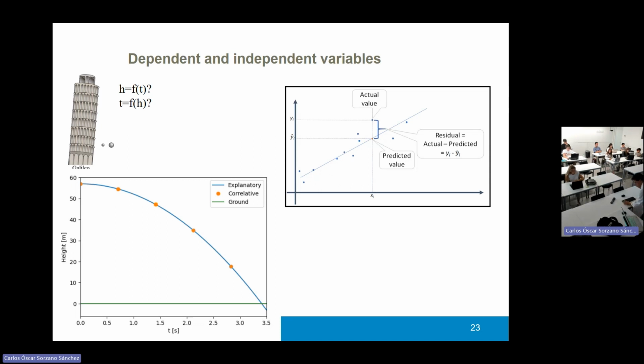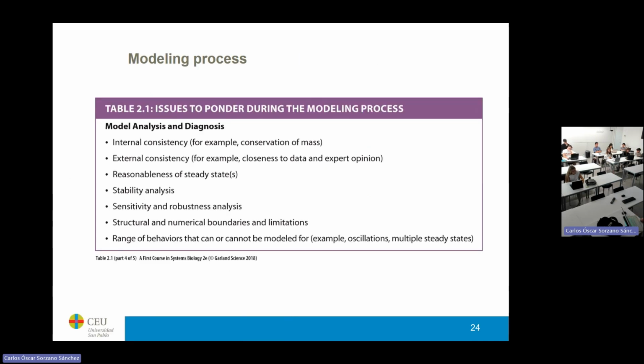Okay, so this is what this is saying. In least squares, the predictors are assumed not to have errors, so it should be the more precise variable of the two. Okay, what about the model? We can check, for instance, if there is some internal consistency. We are dealing with molecules.